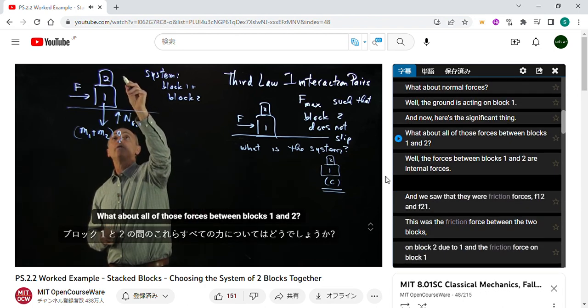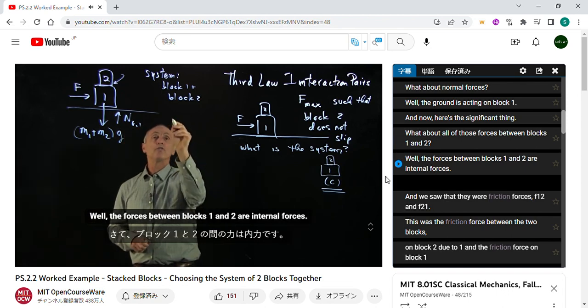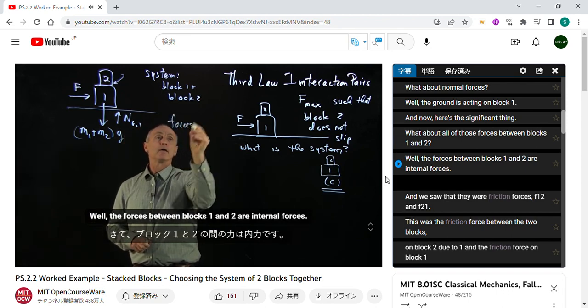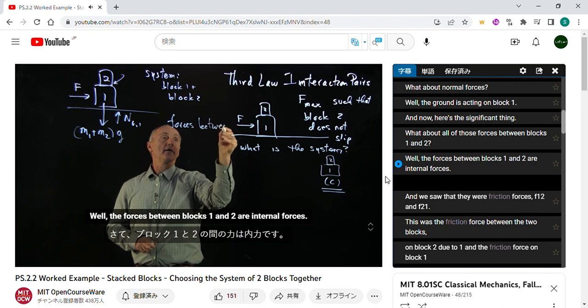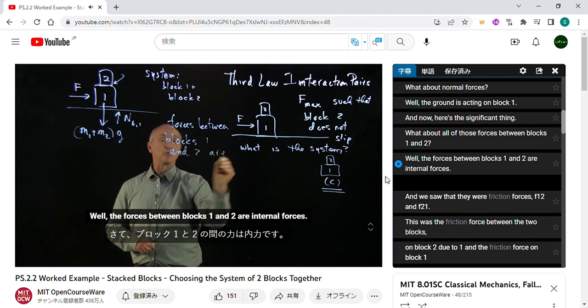What about all of those forces between blocks 1 and 2? Well, the forces between blocks 1 and 2 are internal forces.